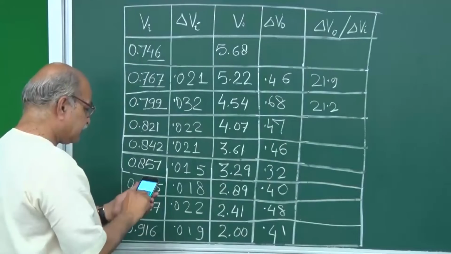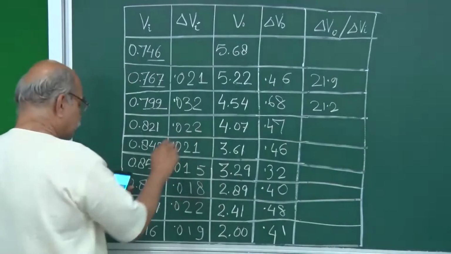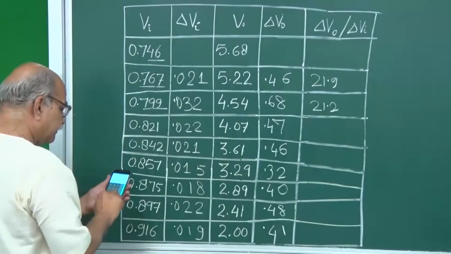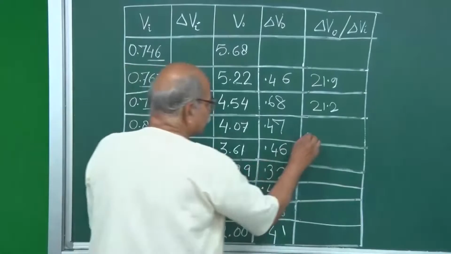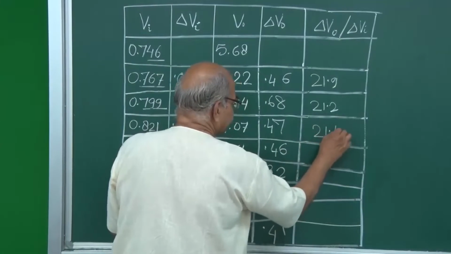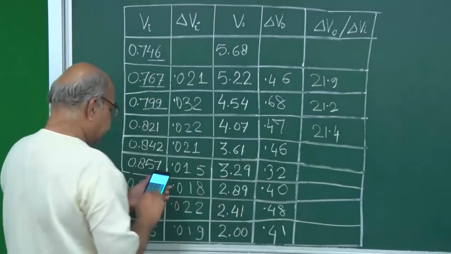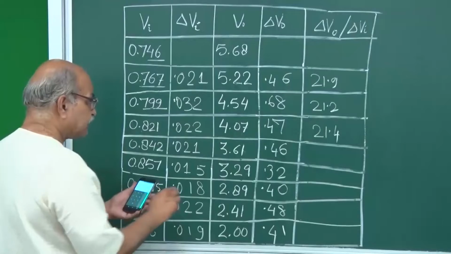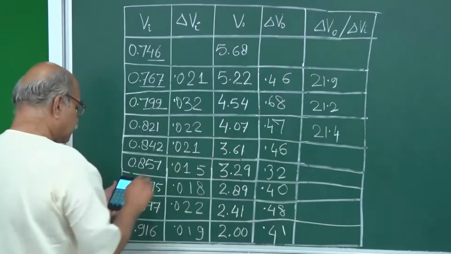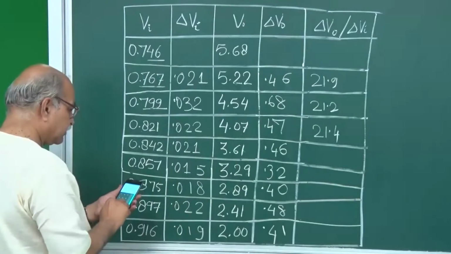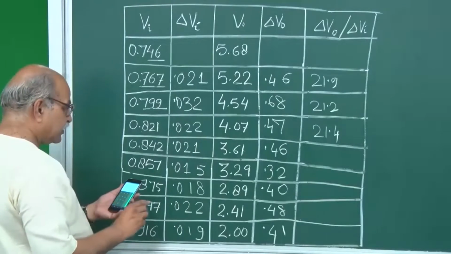0.47 divided by 0.022, and that is 21.4. Then 0.46 divided by 0.021, and that is 21.9.